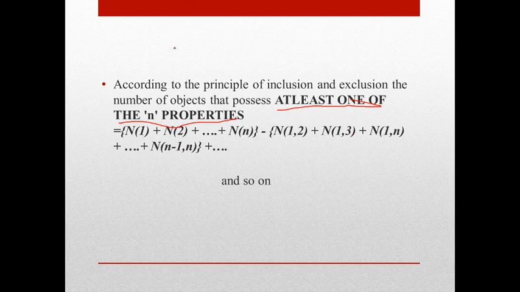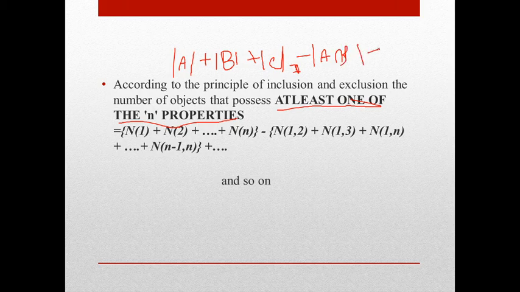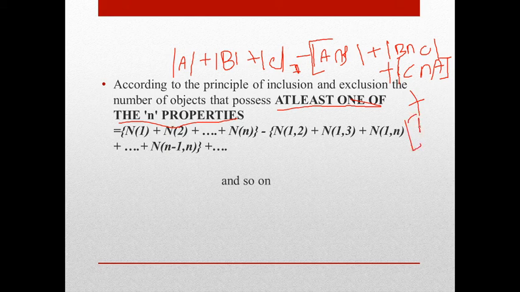So this is like A plus B plus C minus A intersection B minus B intersection C minus C intersection A, and then plus A intersection B intersection C, and so on.